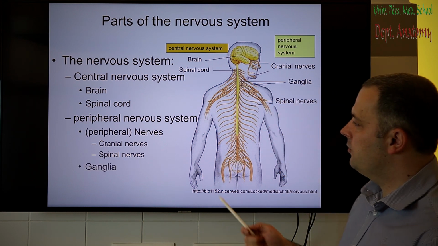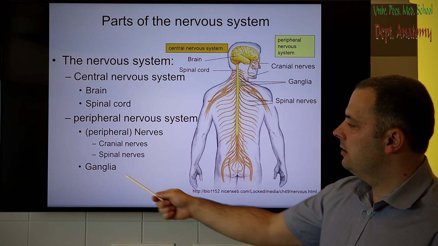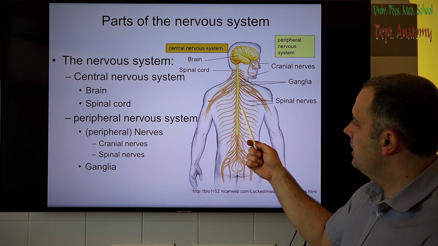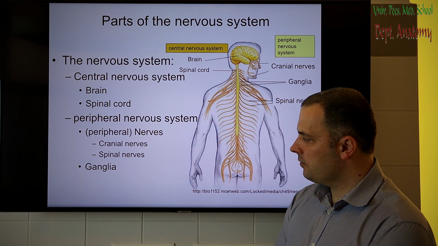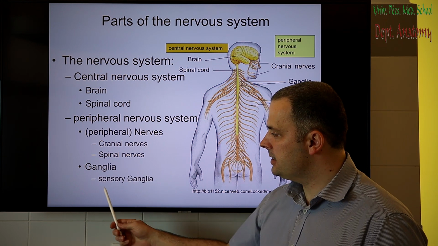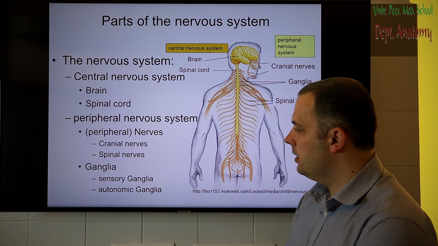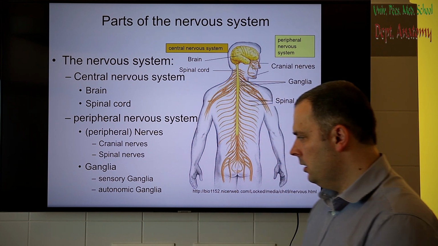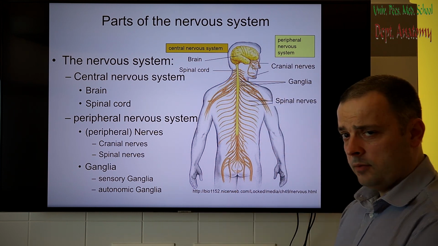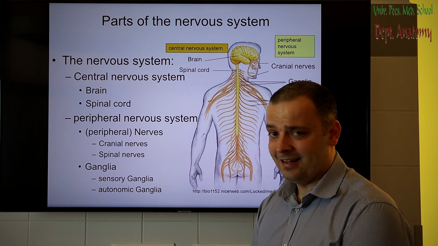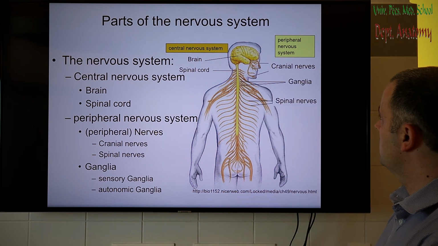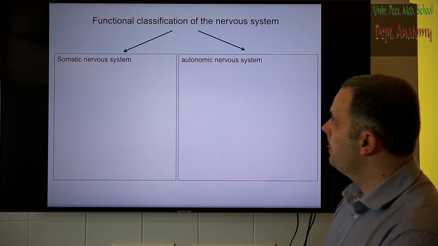And in the periphery, besides the nerves, we also find ganglia. They are related to the peripheral nerves, and we may classify them as sensory and autonomic ganglia. At the end part of this talk, I will come back to the details in these types of tissues.